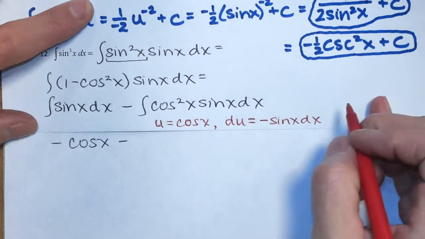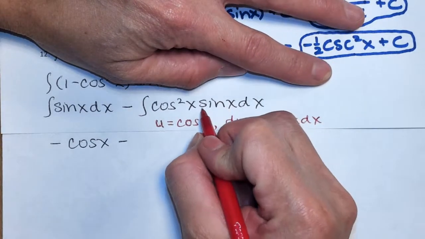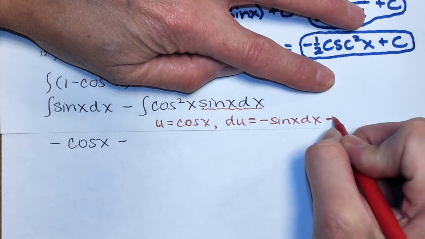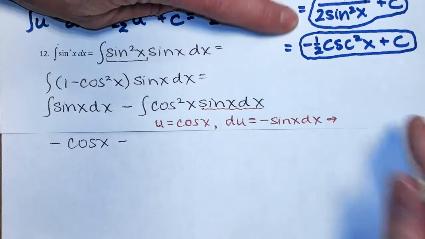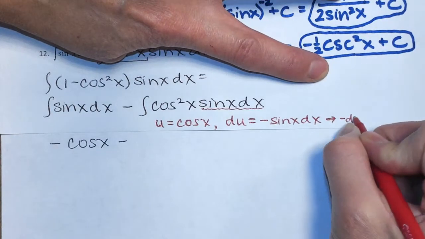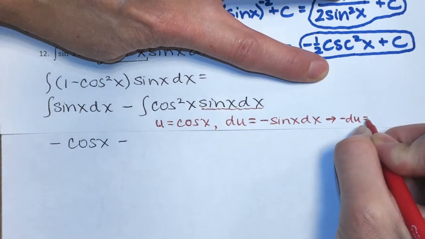Okay, which means since I only have sine x dx, what do I want to do here? I want to multiply the negative 1 over to the other side. So negative du is sine x dx.